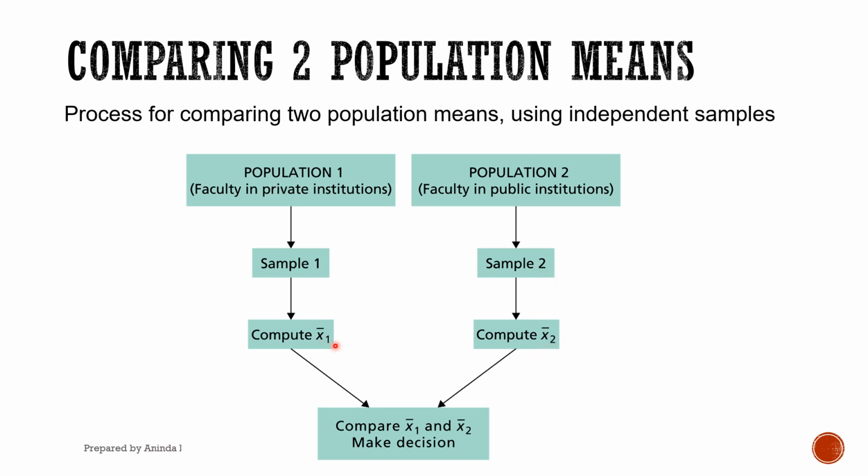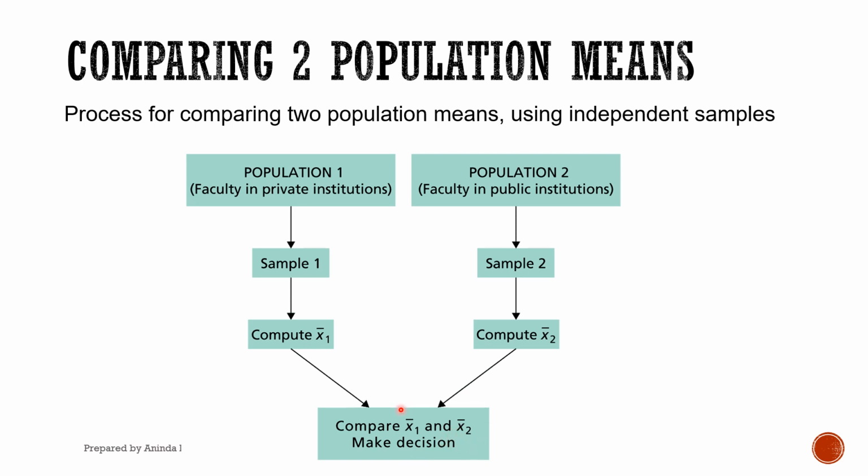And once we have our data, and of course with these we will also have our standard deviation values, but we are essentially comparing the means. So at the end we compare the two sample means, and come to a decision.